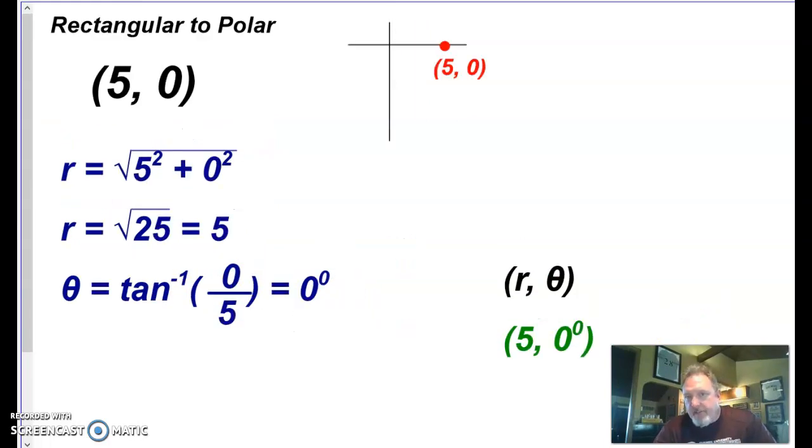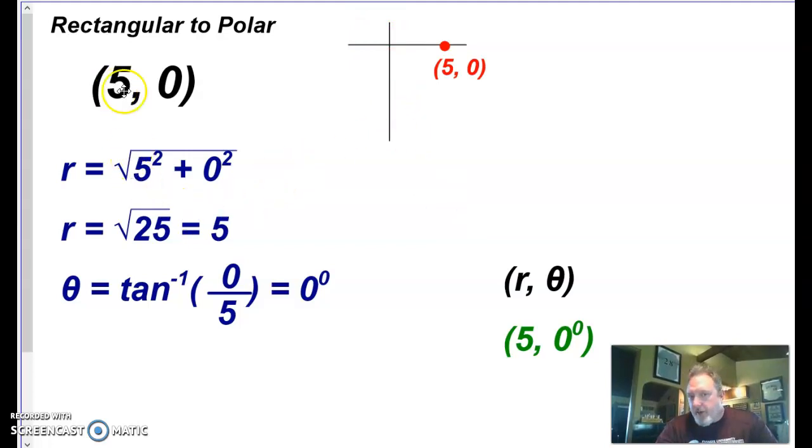Another example, (5, 0). This is going to be right on the x-axis. I'll jump down to the answer here real quick. It comes as no surprise that our angle is 0 degrees or 0 radians, because we're on the x-axis. If we were on the other side, you would expect this to be 180 or pi. If we were on the y-axis, you would expect 90 or 270, or pi over 2 or 3 pi over 2 in radians.